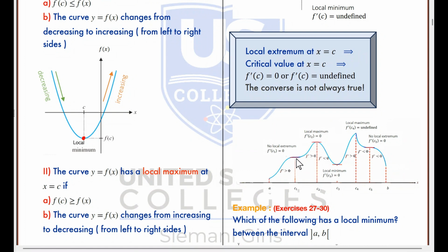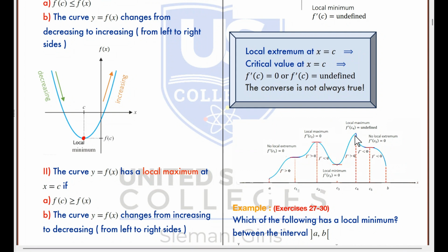It is neither maximum nor minimum. At c2 there is a maximum, and c2 is a critical value. At c3 there is a minimum point, so this is a critical value. It makes the derivative 0.